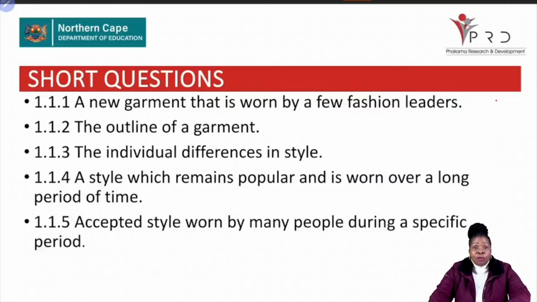And 1.1.4 is a style which remains popular and is worn over a long period of time. And 1.1.5 reads, accepted style worn by many people during a specific period. I will give you 2 minutes to answer these questions.